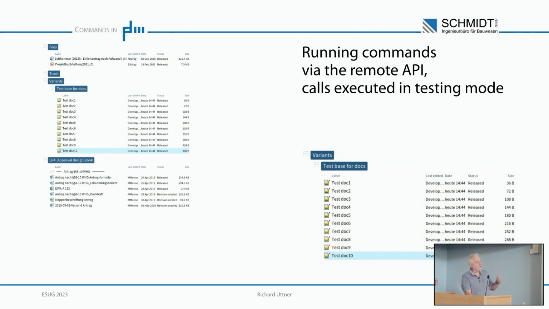And what you saw here, the big speed, was that we implemented a feature. We can set a condition for each call that it is run in testing mode, which means it does not affect the database.